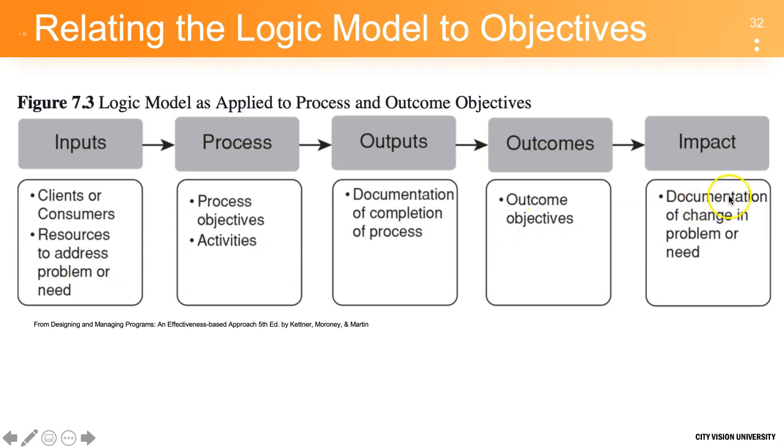All the way over here on the right-hand side, you've got impact and documentation of change in problem or need. This category over here really is reserved for systemic or community level change.